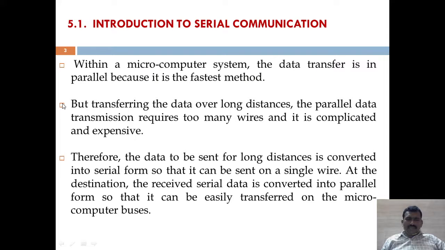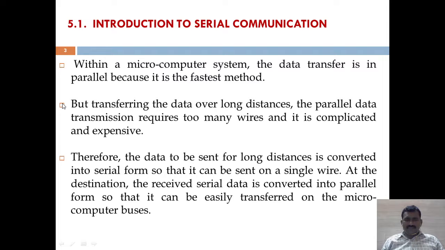So therefore, data to be sent over long distances is converted into serial form so that it can be sent on a single wire, because by using a single wire we can send the data serially, bit by bit, so the cost is less. That is, hardware requirements are less in that case.